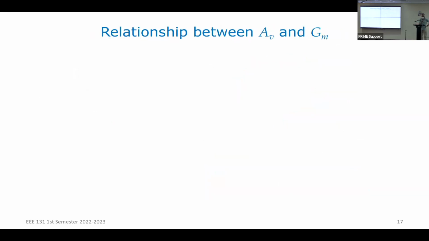Okay, relationship between AV and GM. What is the relationship between AV and GM? If I draw my model, I want to use the Norton model now.